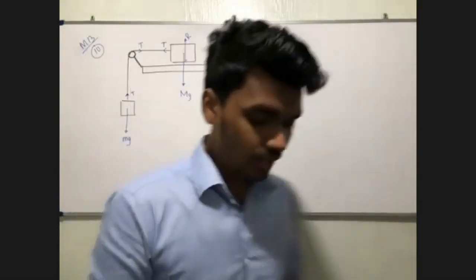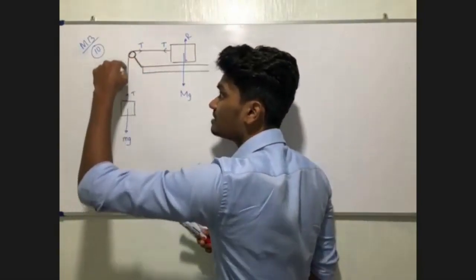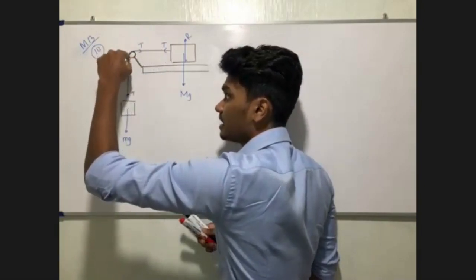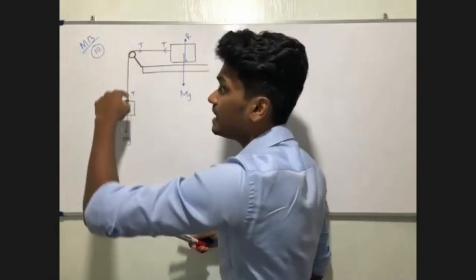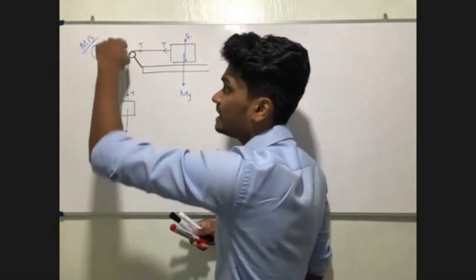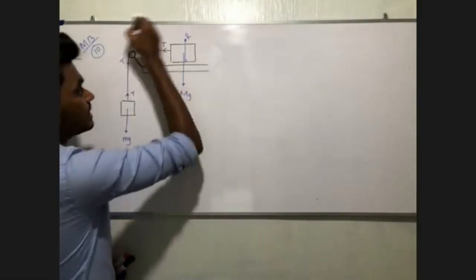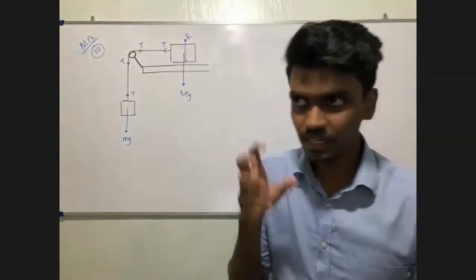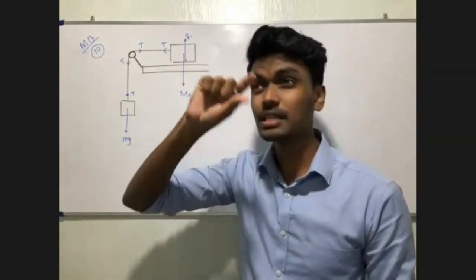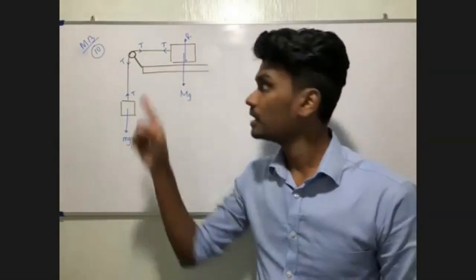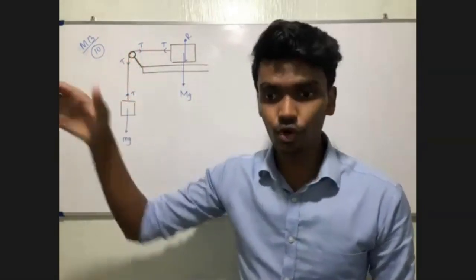Since this string is light and inextensible, this is T, this is T. We learned this: if the string is light and inextensible, the tension along the string is going to be the same, uniform.